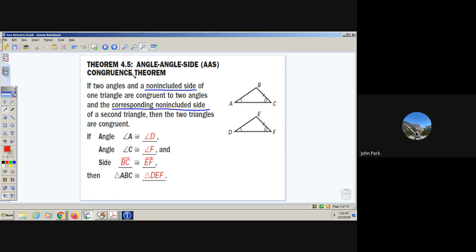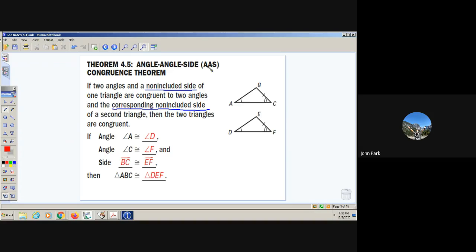Now, another way, this is a theorem now, so we can actually try to prove this, but we're not going to spend time to prove it, we're just going to use it. So this is the angle angle side. Now, notice here, the angles are next to each other, and the side is separate. It's not between the two angles, but it's away from the two angles. That's what we call the non-included side.